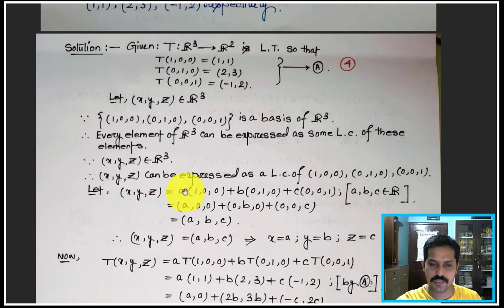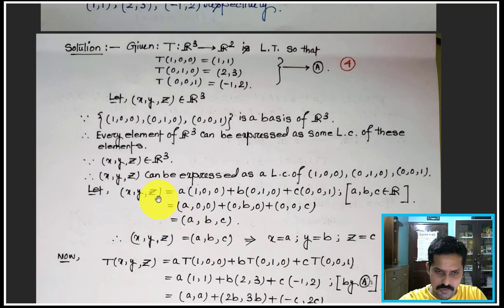Write it here: (x, y, z) = A(1,0,0) + B(0,1,0) + C(0,0,1). You can consider C1, C2, C3 or lambda, mu, xi, anything else. By simplifying we get (A, B, C).